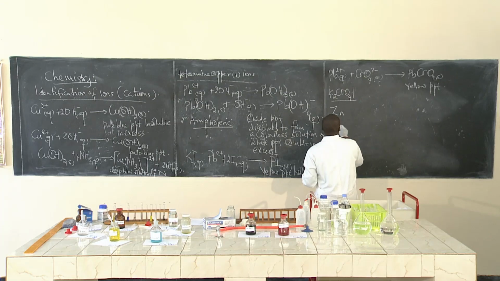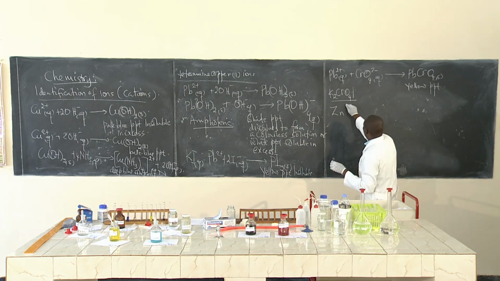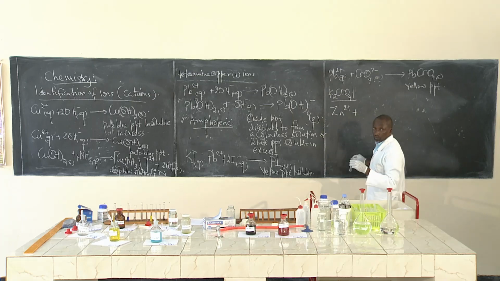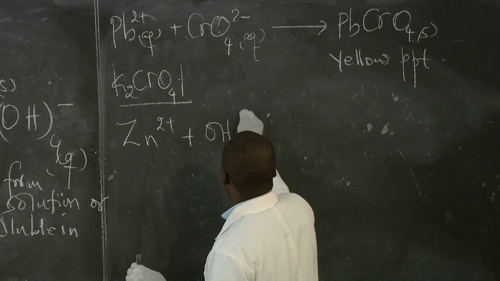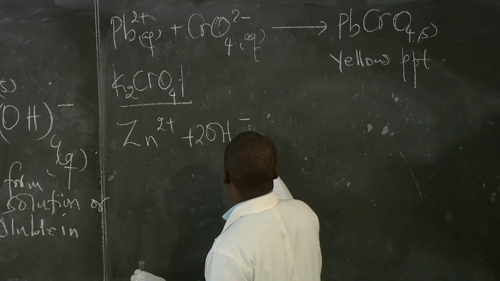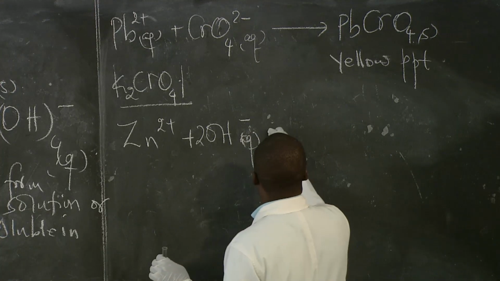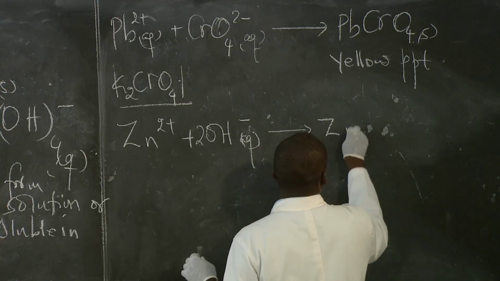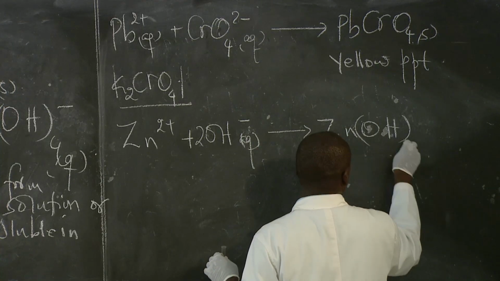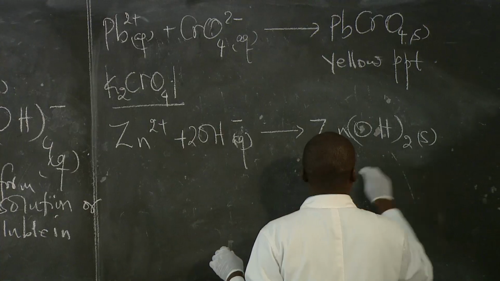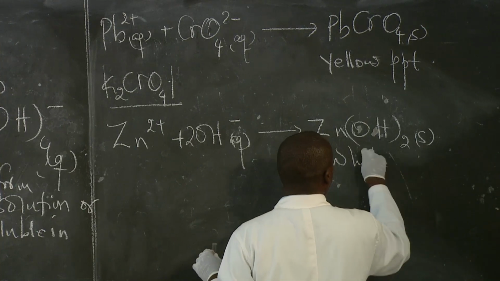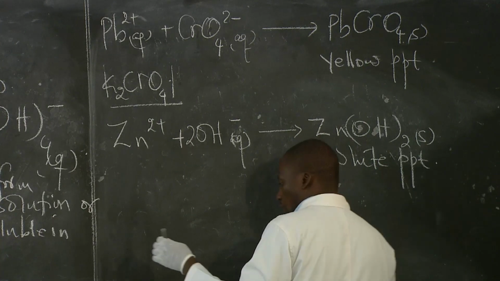So with the zinc, when you add sodium hydroxide, we are adding hydroxide ions. The hydroxide ions, remember, are coming from sodium hydroxide. Then you get zinc hydroxide. This is the white precipitate.